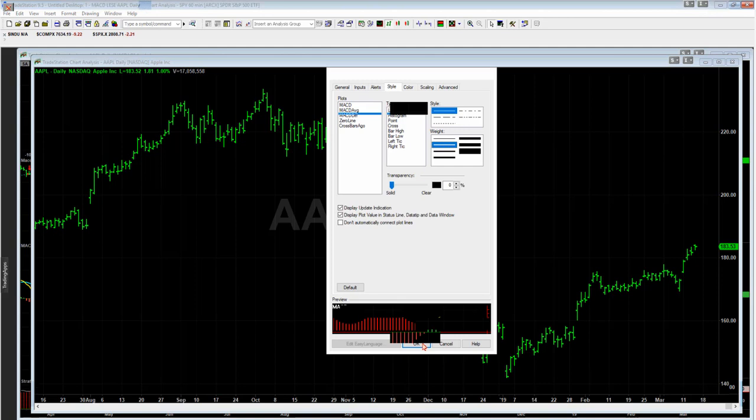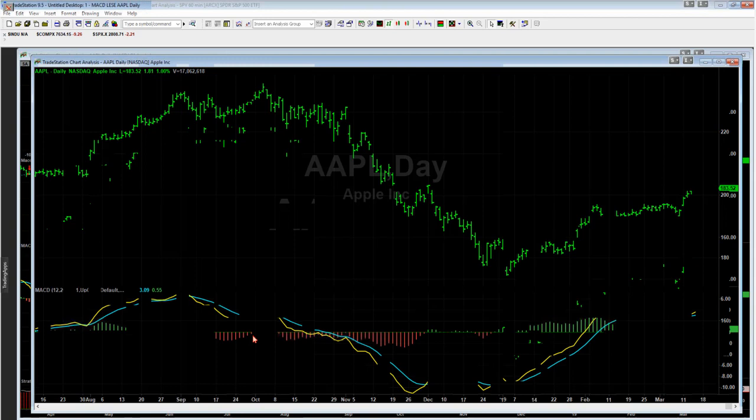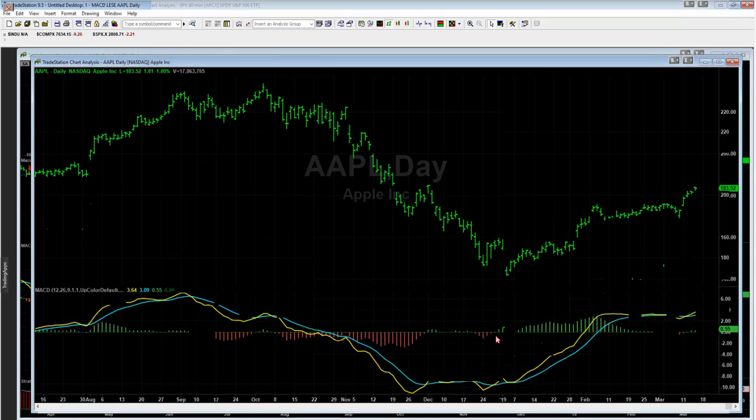The idea behind MACD is that when the histogram goes from positive to negative, that is a change in direction. Here you can see it's kind of a sideways market, and you get a little bit of these noise trades. It goes red, green. But what we're looking for is a longer trend. This is a trending indicator. These kinds of indicators are right about 40 to 45% of the time. But even though it has a low win rate, the winners are usually much larger than the losers.